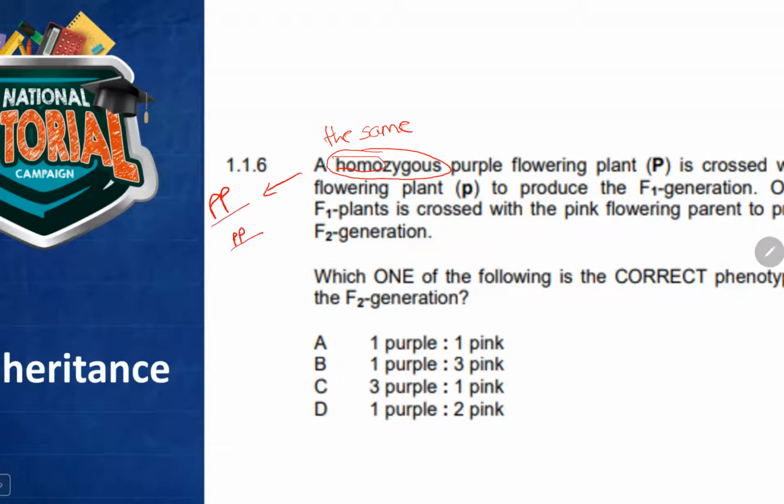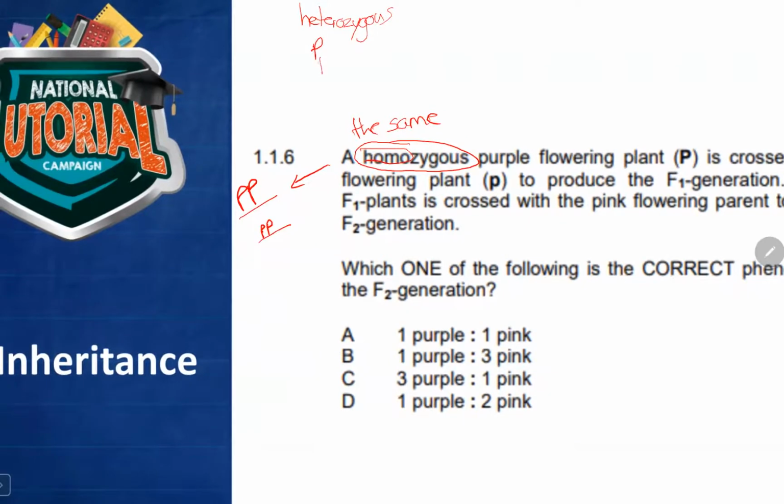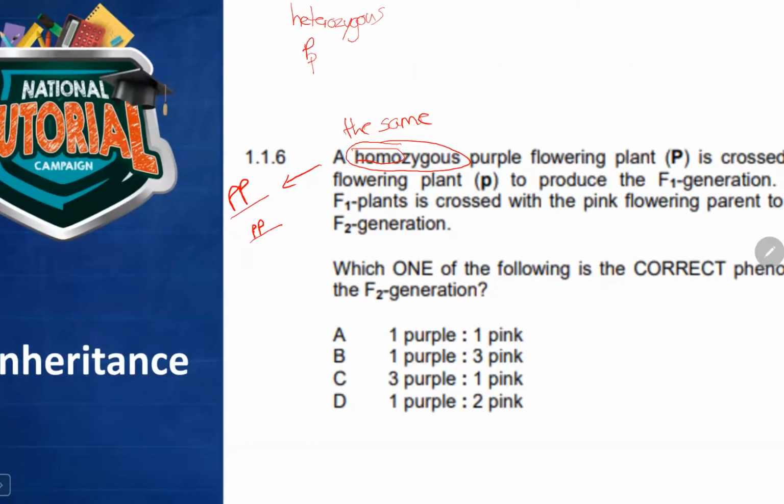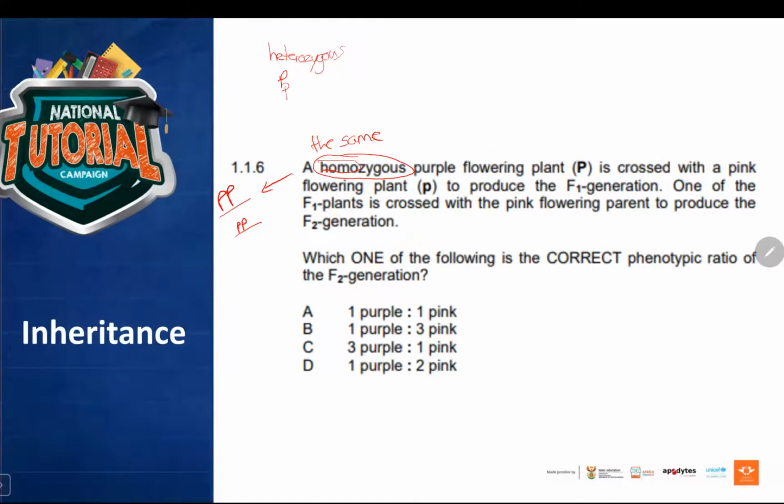The opposite of homozygous is heterozygous. And that would refer to the 2 alleles being different. That means it will look like this, capital P, small letter p. Next, very important, they're telling us what it looks like.